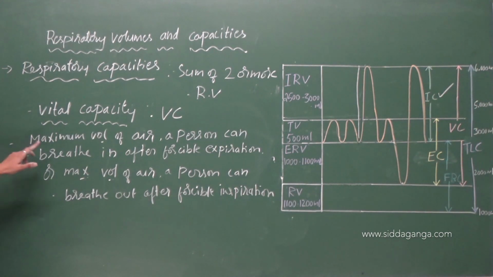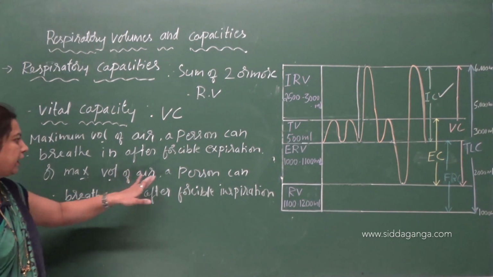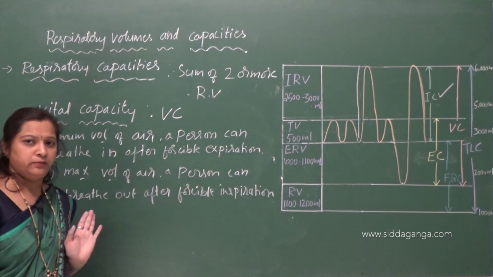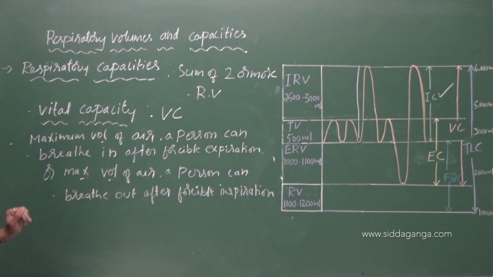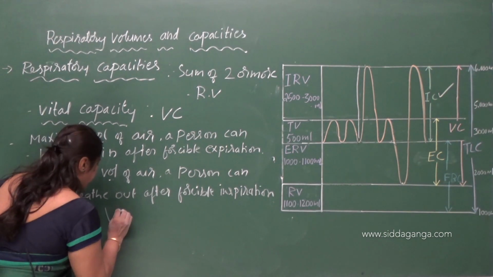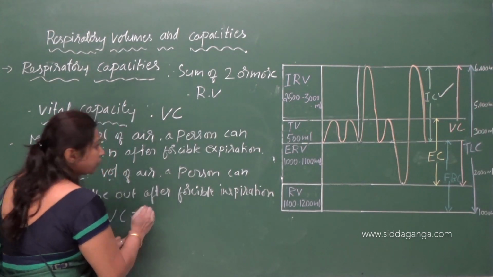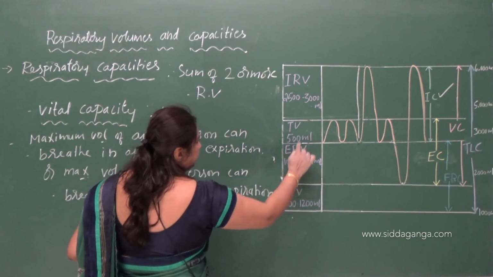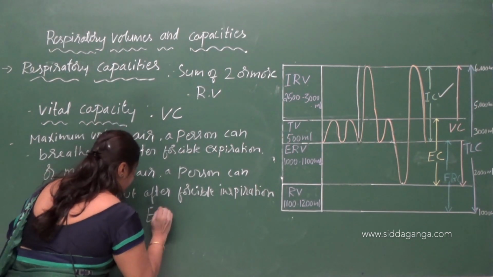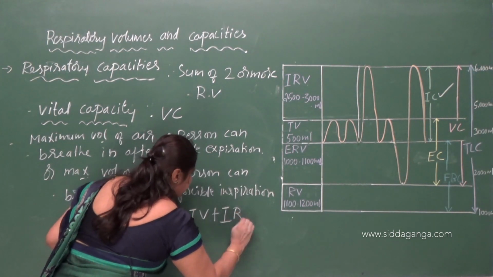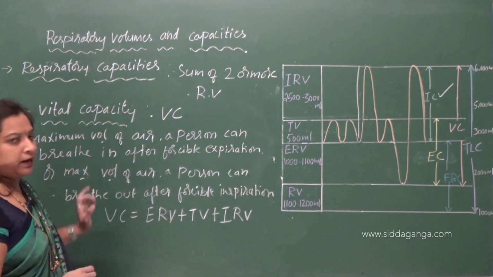It is the maximum volume of air a person can breathe in after forcible expiration, or the maximum volume of air a person can breathe out after forcible inspiration. So that is what the vital capacity. The vital capacity includes all three, that is ERV, TV and IRV. ERV plus TV plus IRV gives the vital capacity, okay.